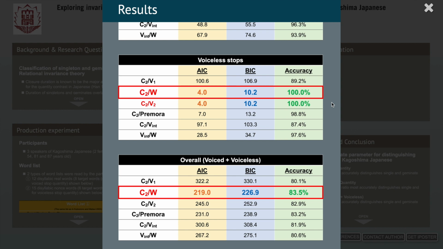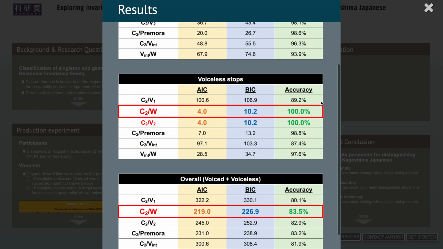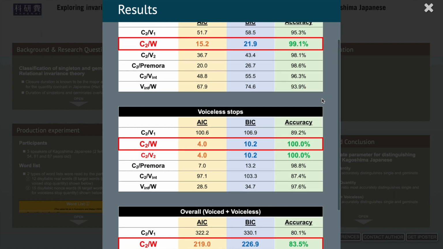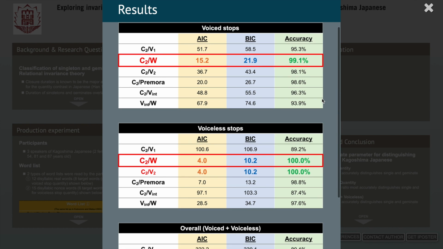Lower values of AIC and BIC suggest better fit of the model, and higher values of classification accuracy mean more accurate classifications. As you can clearly see, the CW ratio has the lowest values of AIC and BIC and the highest values of accuracy.